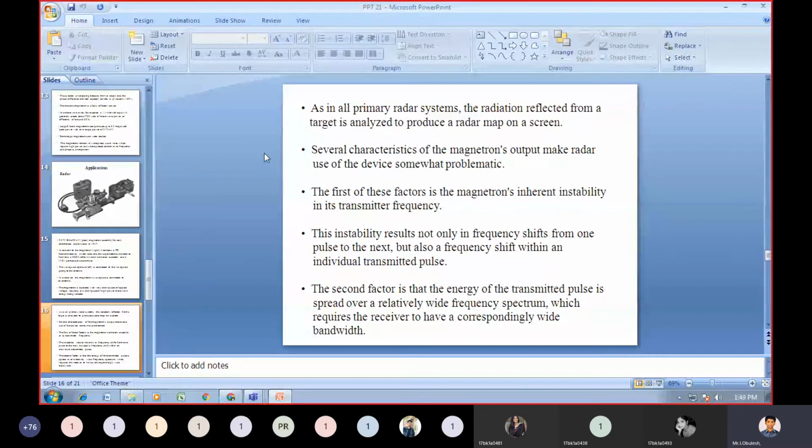The first of these factors is the magnetron's inherent instability in its transmitter frequency.